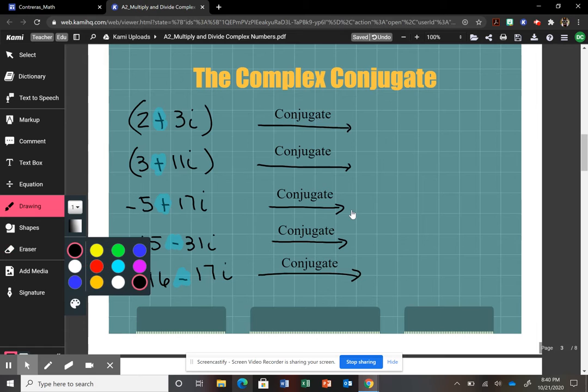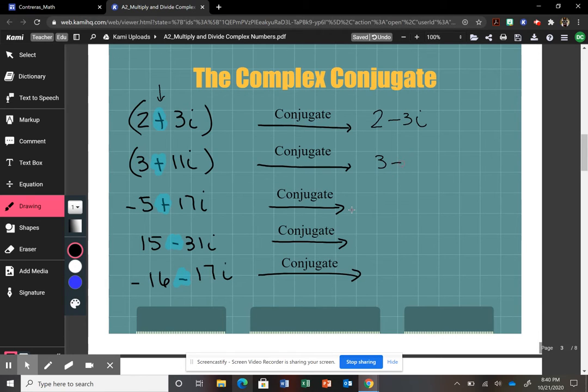So we have to make sure that we don't have that i term in the denominator. So to do the conjugate, all we do is change this to the opposite sign. So here the conjugate is 2 minus 3i. Okay, the first number, the sign does not change. It's only this middle sign here.